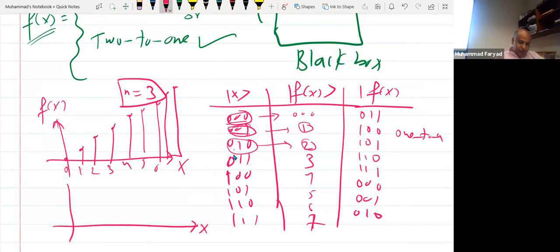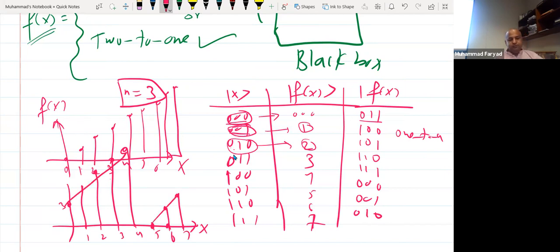So 0 is being mapped to 3, 1 is being mapped to 4, 2 is being mapped to 5, and so on, 5 is mapped to 0, 6 is mapped to 1, and 7 is mapped to 2. So this is also a one-to-one function, because each input is being mapped to one output.